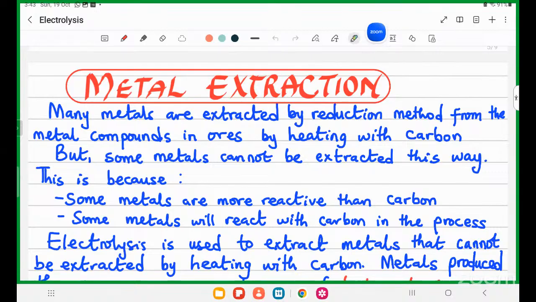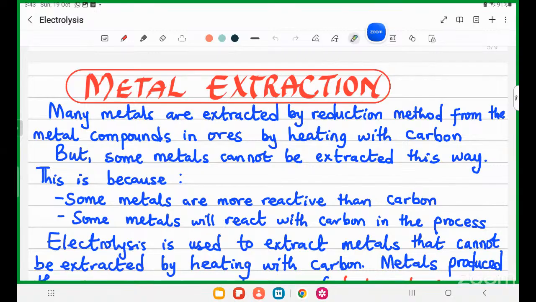Metal extraction, right? I said that some metals can actually be extracted by thermal reduction. When you react the ore of those metals with carbon, what you will get is the pure form of that metal.